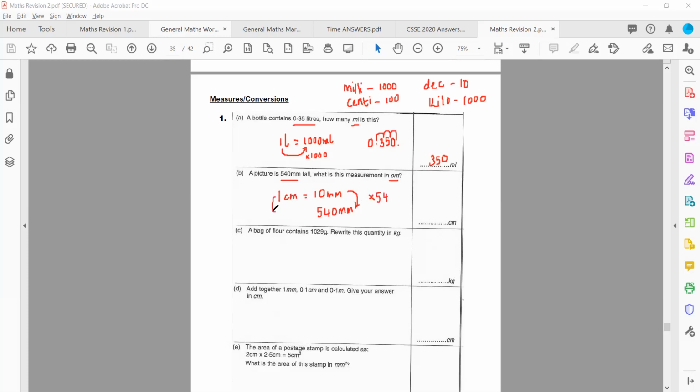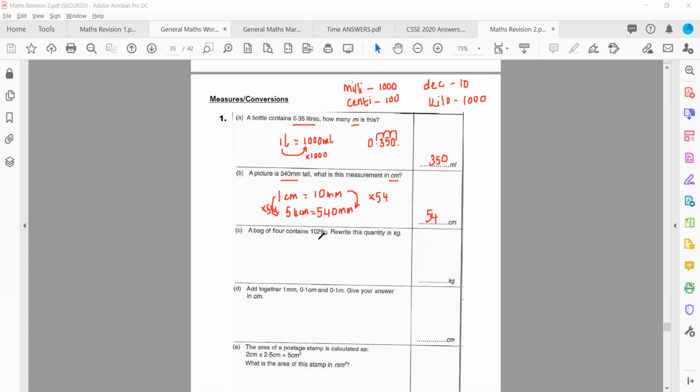So 1 times 54 will give you 54 centimetres. And that would be your answer there. So again, you can use your ratio methods if you wanted to for measure as well. Or you could say, well, to go from 10 to 1, I would have divided by 10. So you can divide your 540 by 10 and go there.